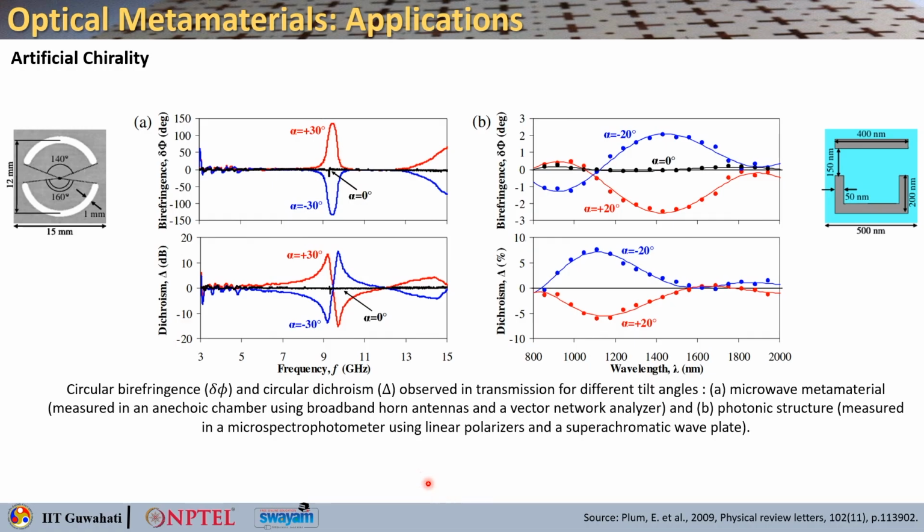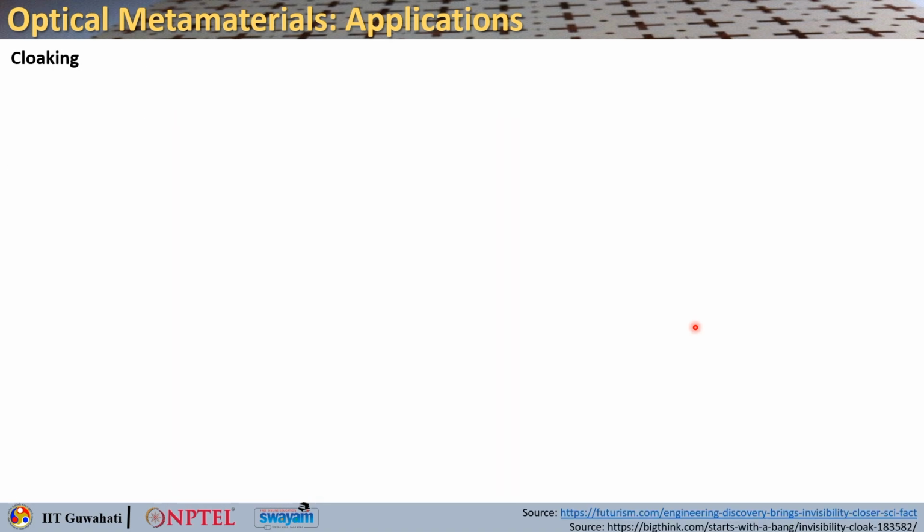It is measured in a microspectrophotometer using linear polarizers and a super achromatic wave plate. Here also you can see alpha equals 0 gives you a flat line, no birefringence, but for alpha plus 20, the red ones, and alpha minus 20, the blue ones, you can see birefringence, and also you can see dichroism happening.